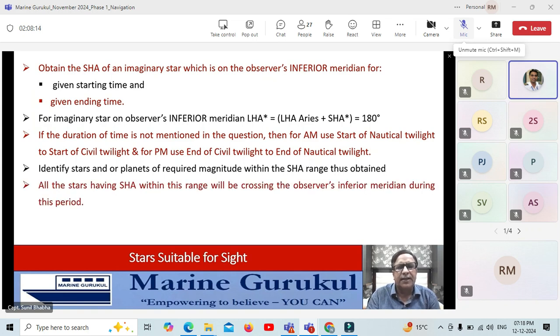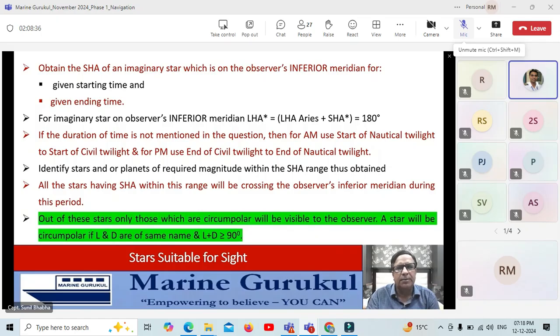All stars having SHA within this range will be crossing the observer's inferior meridian during this period. It does not mean that they need to be visible. It does not mean they'll be suitable for sight. But yes, they would be crossing the observer's inferior meridian.